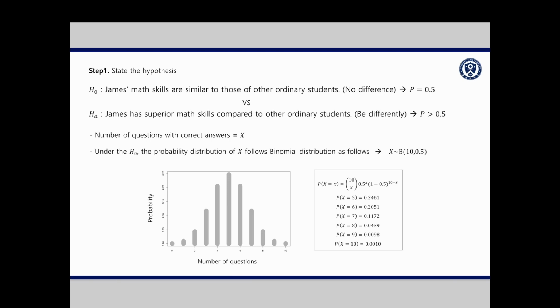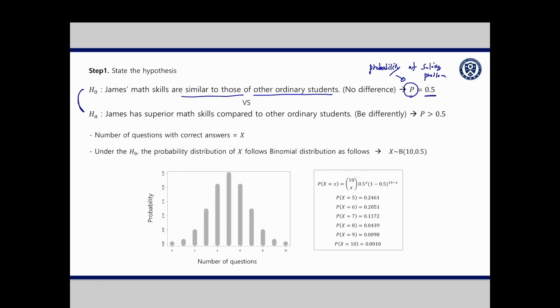Also, we can re-express this hypothesis as follows. If James has similar mathematical skill to other students, the probability of him solving a problem would be 0.5.